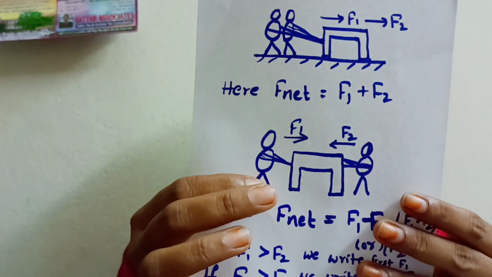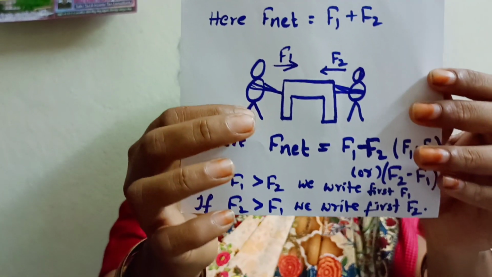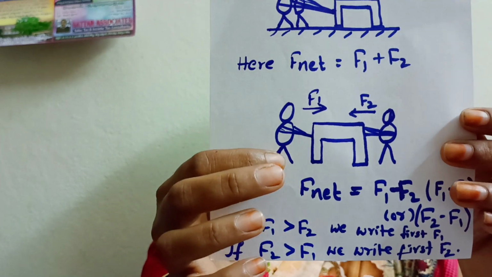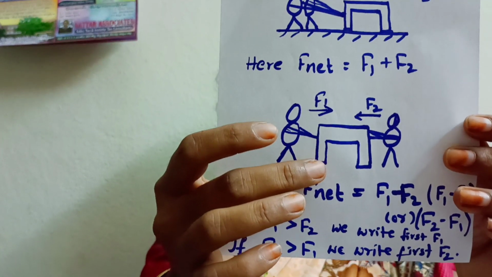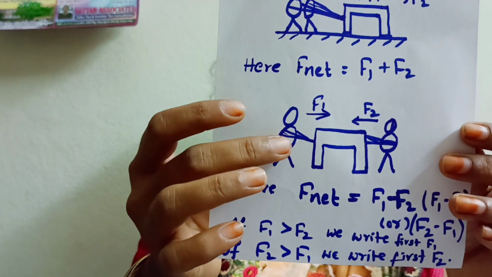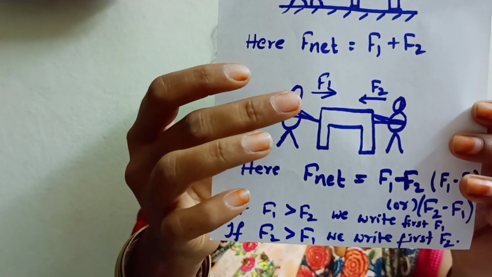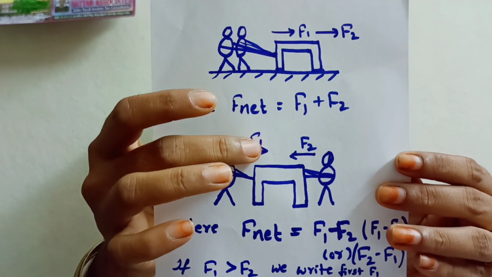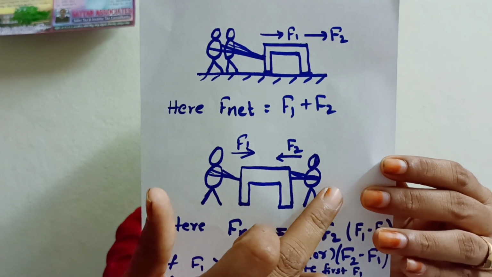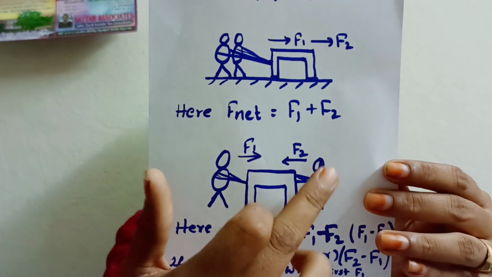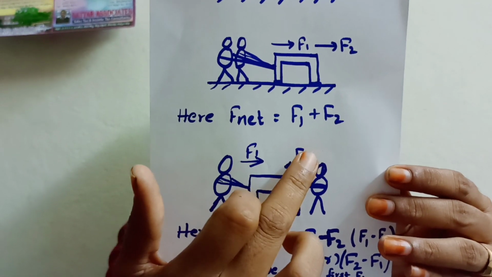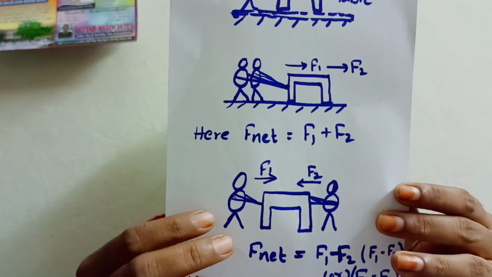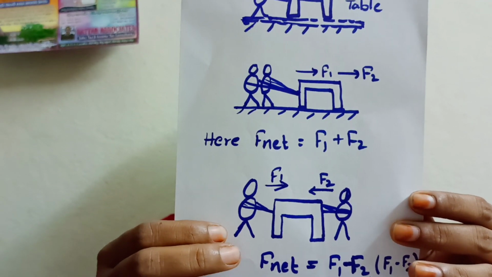We observe the third case. The same table, a person standing here applies force F1, and another person standing here applies force F2. What is the difference here, students?